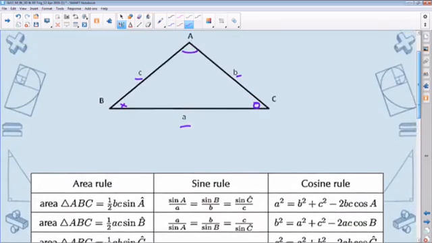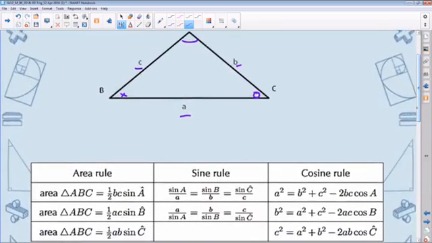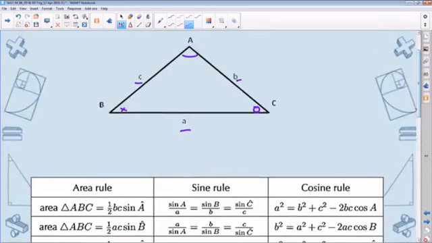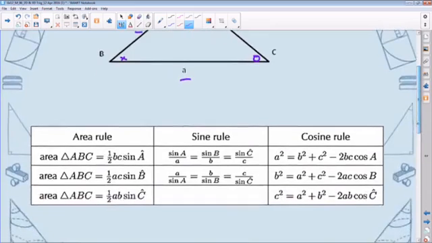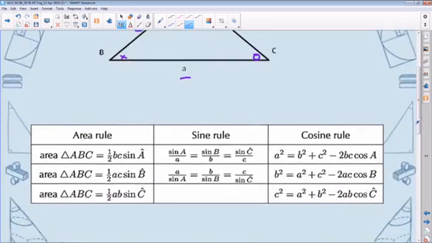Now, using this triangle, let's start with the area rule. We'll go into where we use the area rule just now. Depending on which angle you are at, whether you're on A, B, or C, and depending what information you are given, your formula could be any of these.